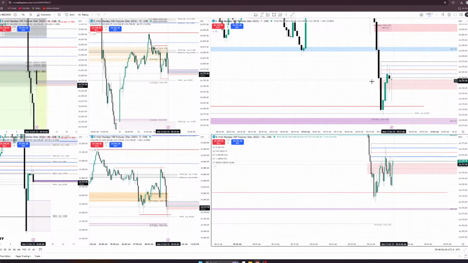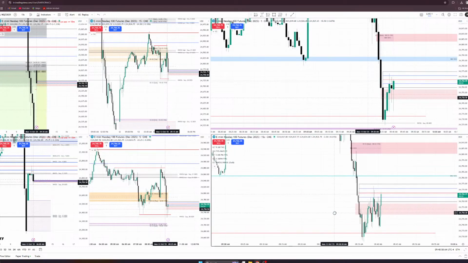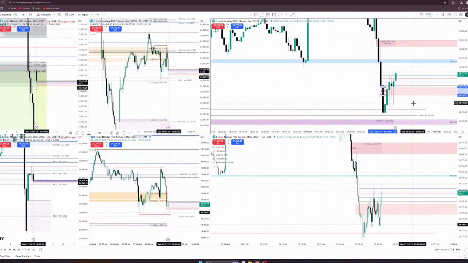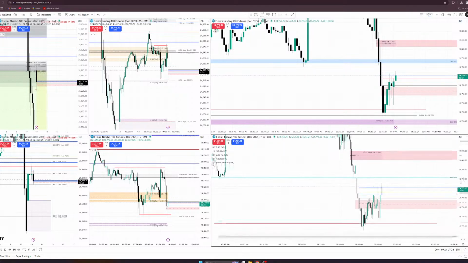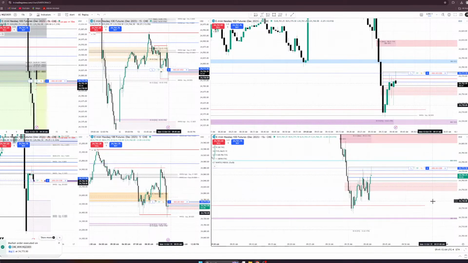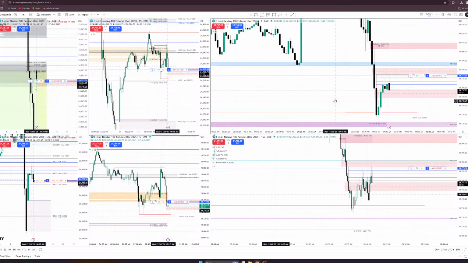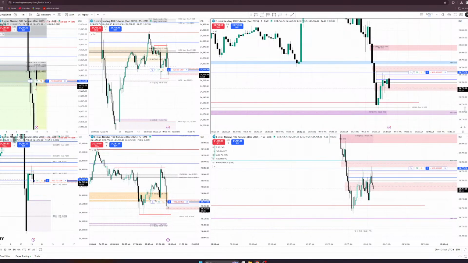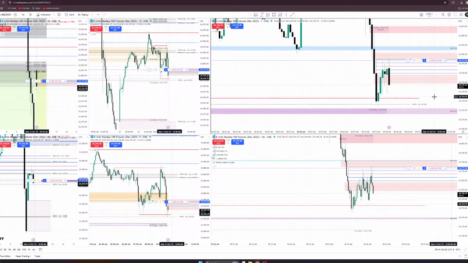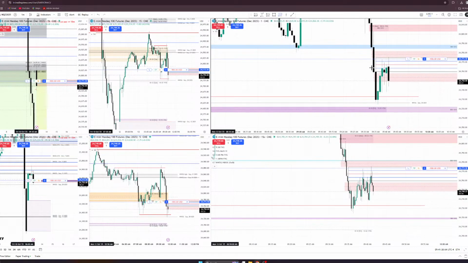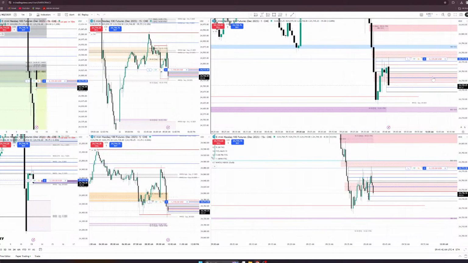Price is consolidating inside this bearish fair value gap. So you can see price again failed to close above this midpoint of this wick.